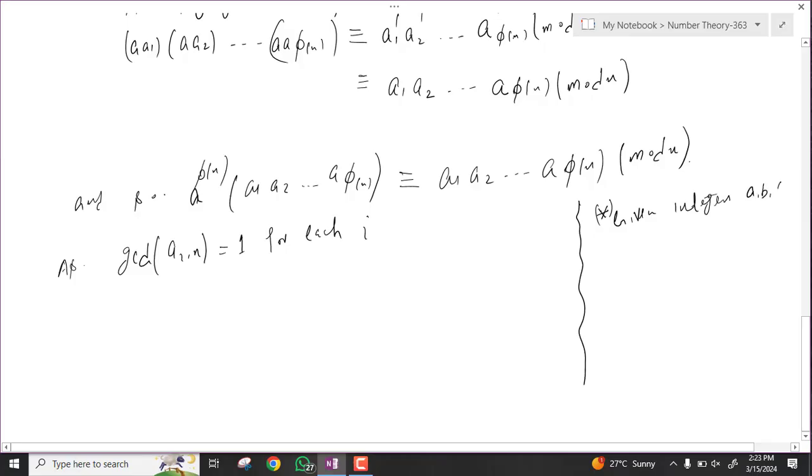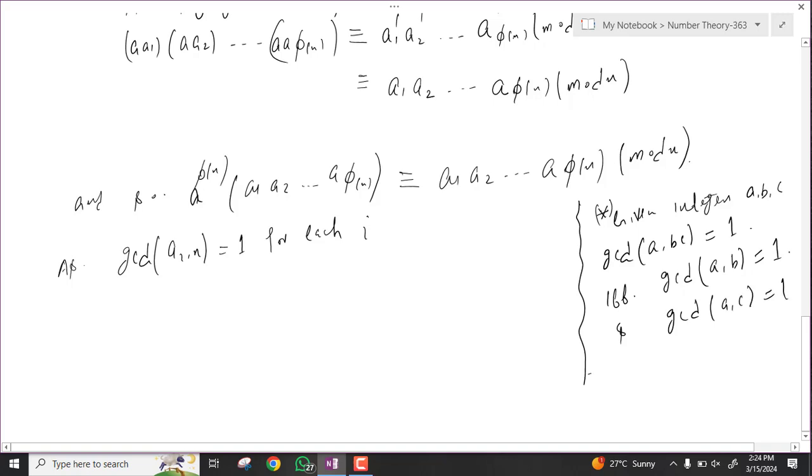GCD of a and bc equals 1 if and only if GCD of ab equals 1 and GCD of ac equals 1. So this is one result here.